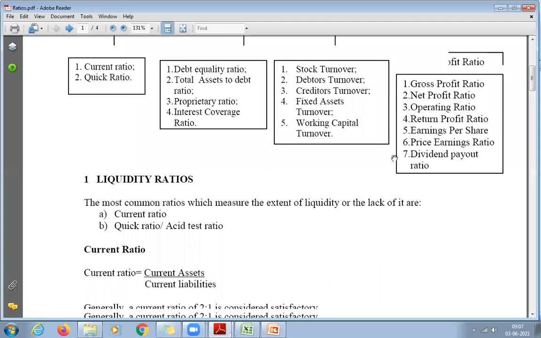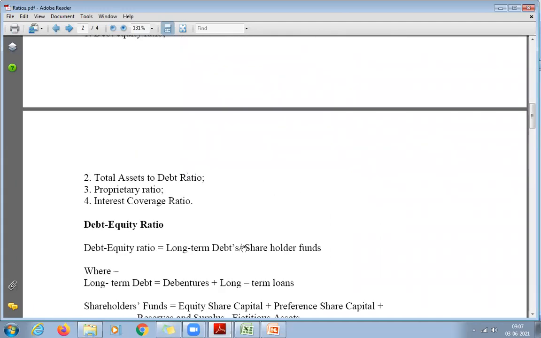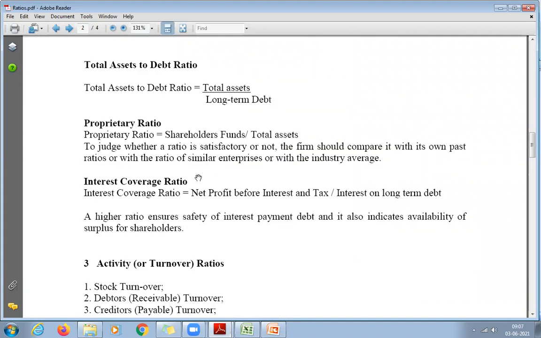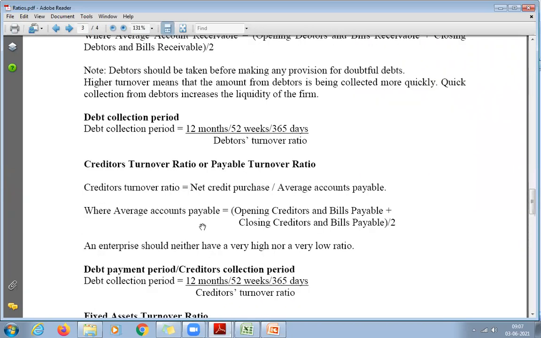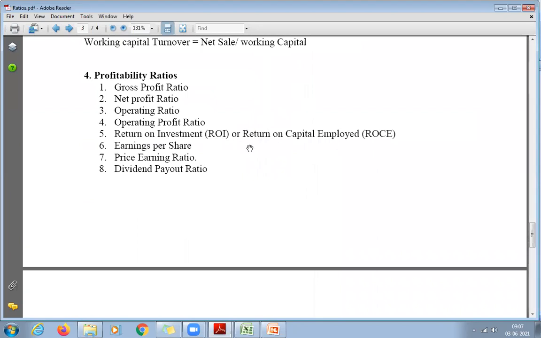PBIT, capital employed. Yeah, it is there. I think it is there in the last part of the ratios notes I gave you. So return on investment, or they also call it return on capital employed, ROCE or ROI, both are same.